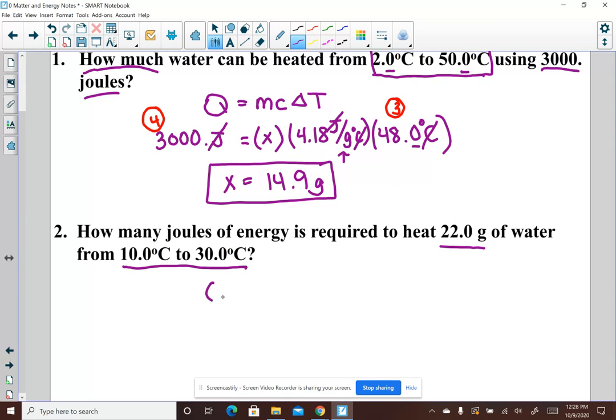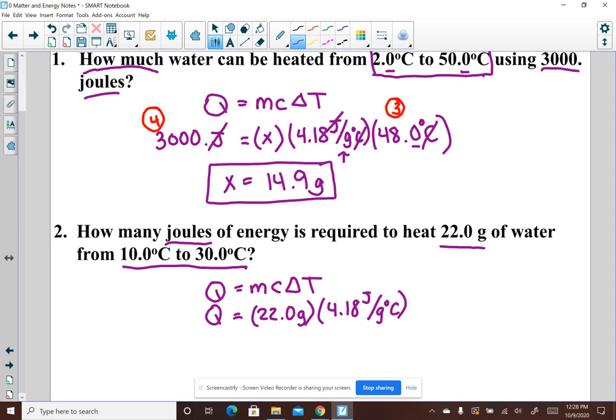Okay, now that you're back, we should have picked the mc delta T formula. This time we're solving for Q. Mass is 22.0 grams. Oh, it does tell us, it tells us to solve for energy in joules. So I want to pick the specific heat that has joules in it. Otherwise, if you solve in calories, then you just have to worry about converting your answer, which you don't want to do, but you can if you want.